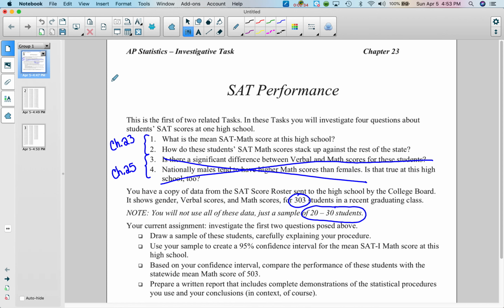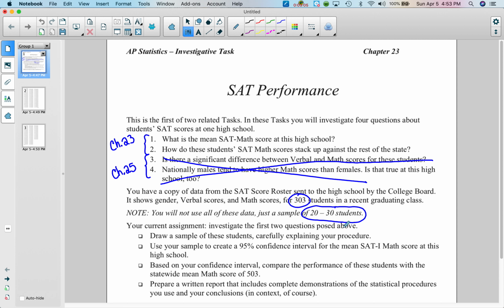But as a matter of fact, maybe I shouldn't have even said that because that might complicate the issue more than we want to. So let's just do a simple random sample, but make sure you explain how you're going to do that. Now, think about why they told you to do 20 to 30 students. Look at the population. The population is 303. So when you're talking about some of the conditions for inference, think about that.